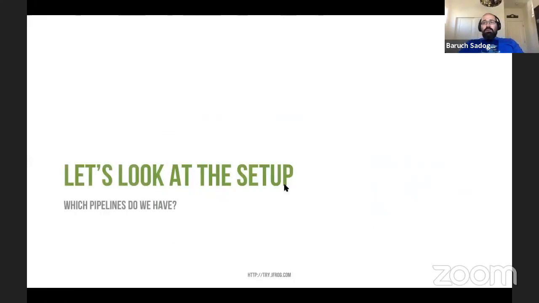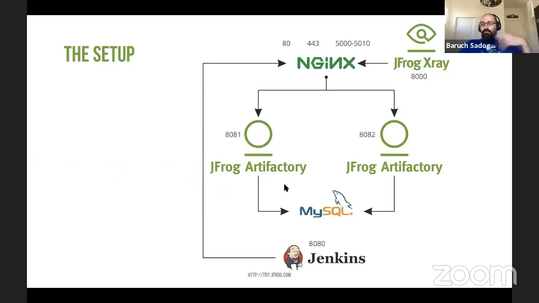So let's take a look at what the setup of try.jfrog.com gives you. This is what you get when you instantiate all the machines on try.jfrog.com. You have two Artifactory instances running on ports 8081 and 8082, and they are an active HA cluster.